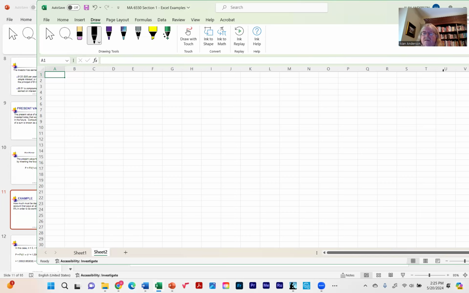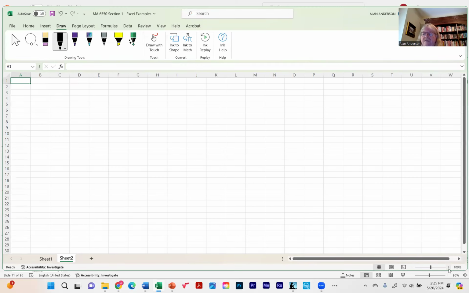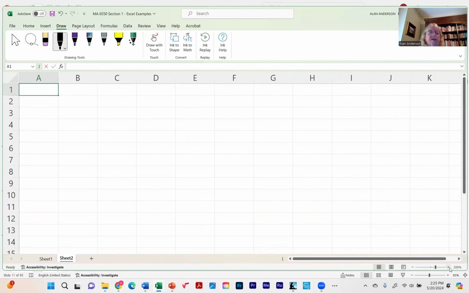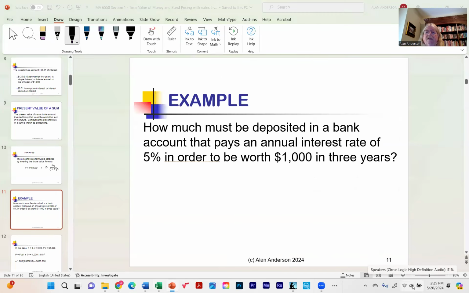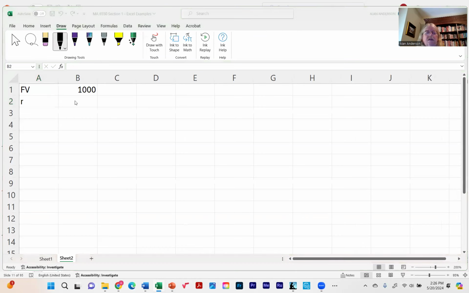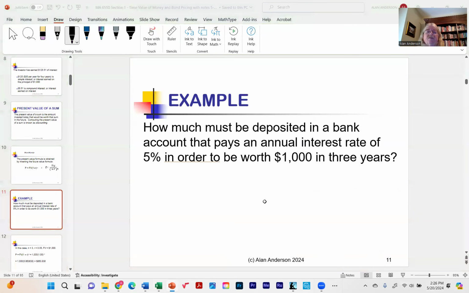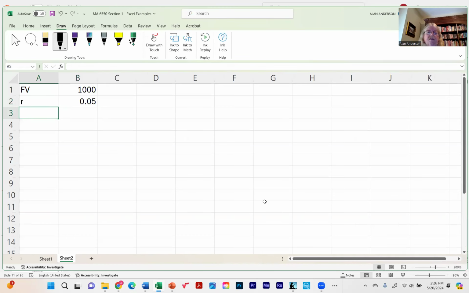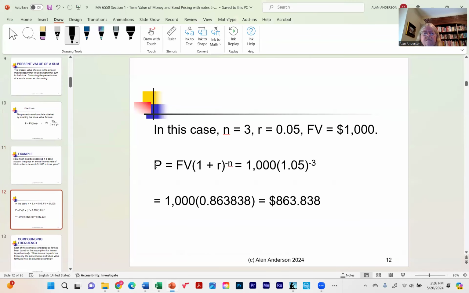And this time, I'm solving for P. So I want to have $1,000 available to me in 3 years. This time it's 5%, 3 years, and then I'm solving for P. So algebraically, let me remind us how this works.